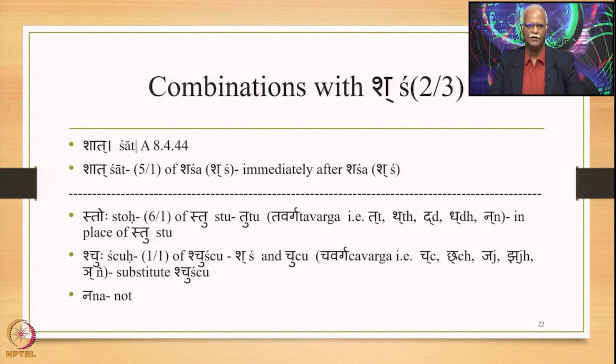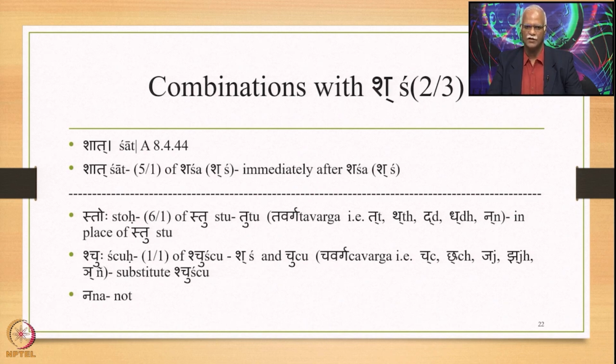We also have a sutra shat, which also negates the sandhi in these combinations with sh. Shat is 8444. Shat is 5/1 of sh, which is consonant sh. Shat means immediately after sh consonant.